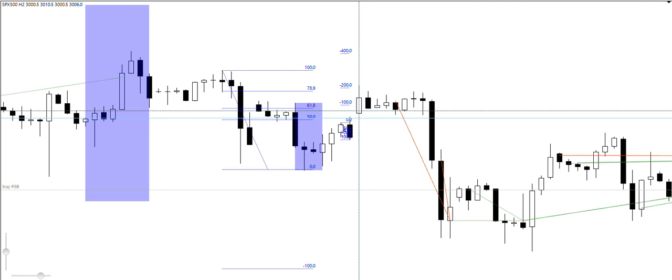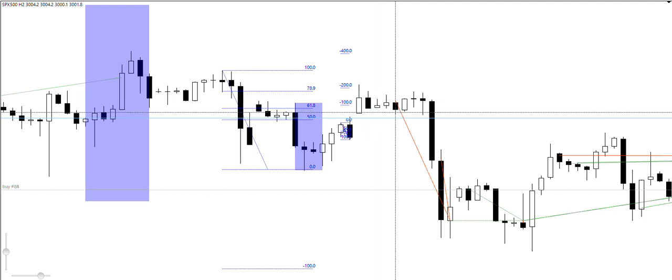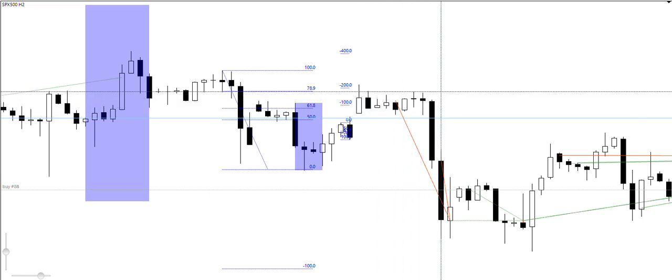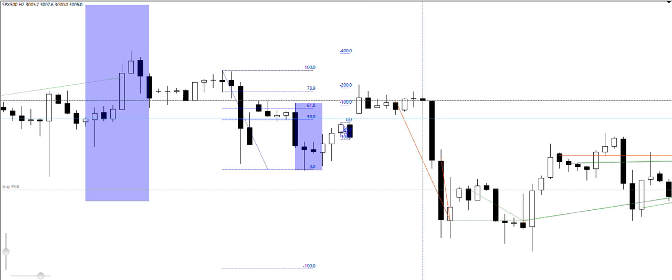So we're talking 6 o'clock, 8 o'clock, all the way through till the very next day. And all of that time, price just failed to break above and give us a nice big bullish candle to the upside.